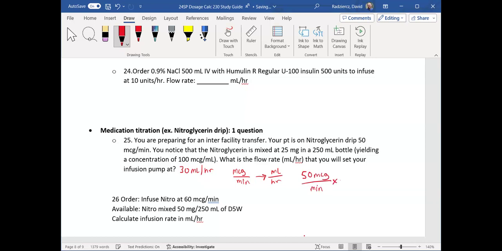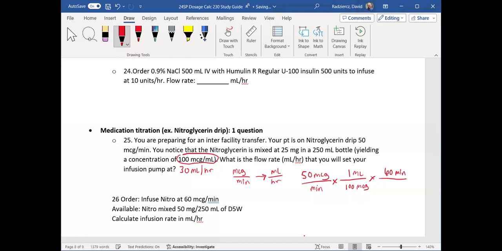I know that I can convert micrograms to milliliters by using the concentration here. So 100 micrograms, 1 milliliter. But I also need to make sure I'm converting minutes to hours.